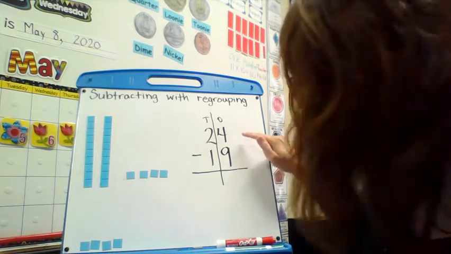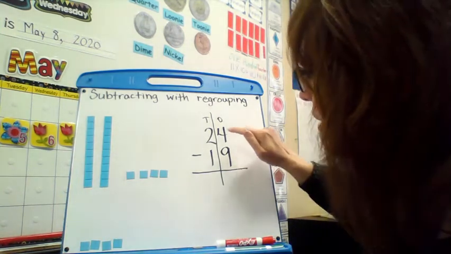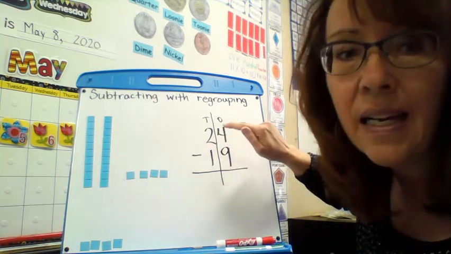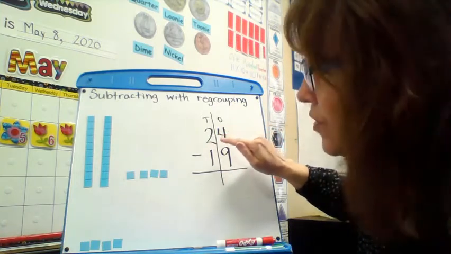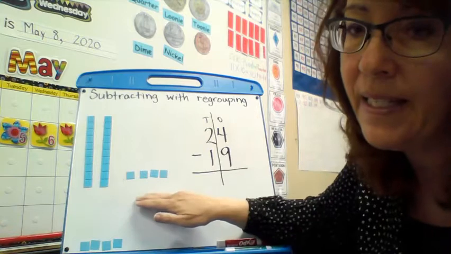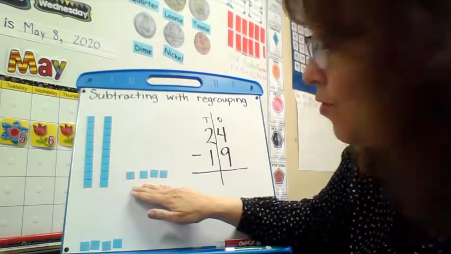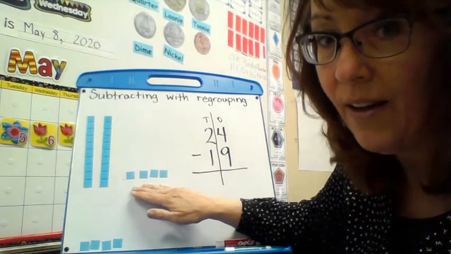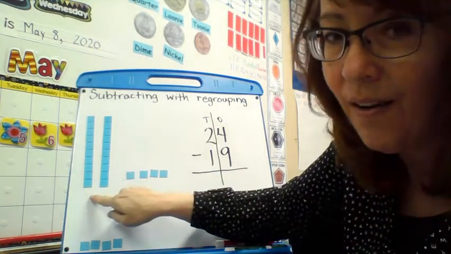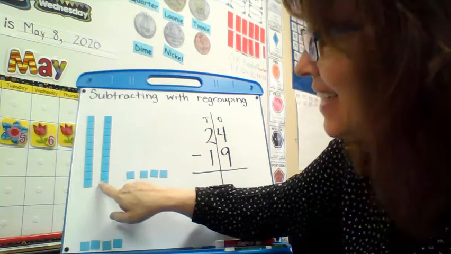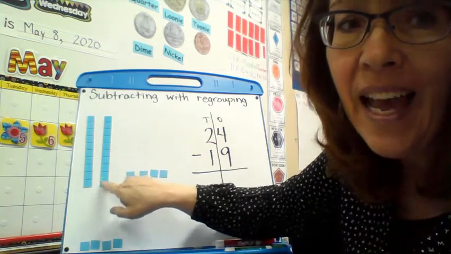So when we have more on the floor, we go next door and we get 10 more. So if we look over here at my base 10 blocks, I have 4. I can't take 9 away from 4. I do not have enough. I need to go next door to the tens place and say, hey, I need 10 more.